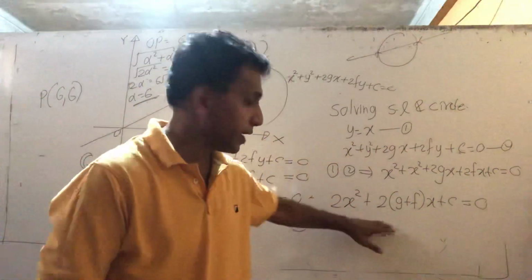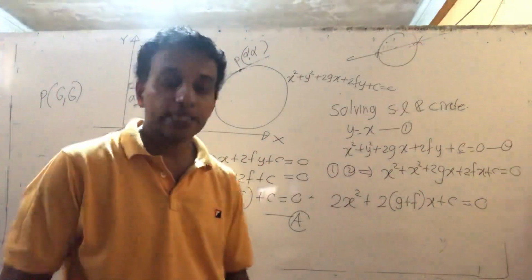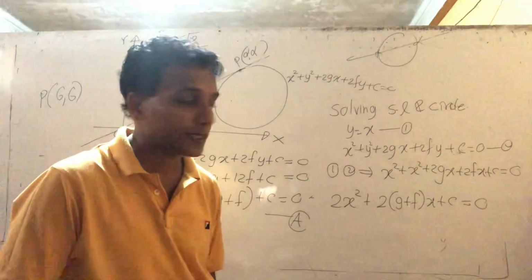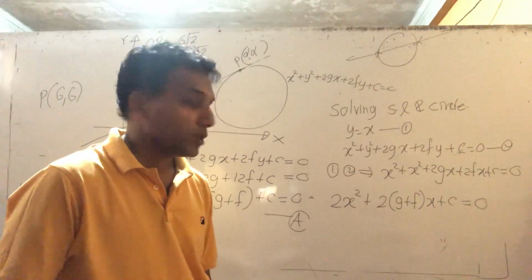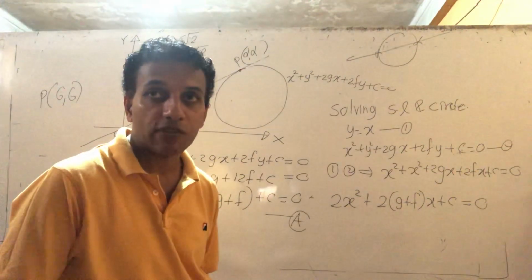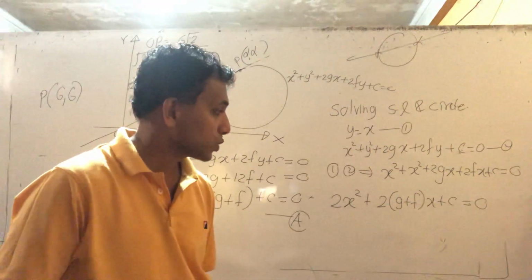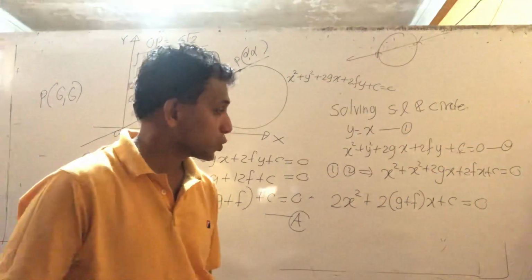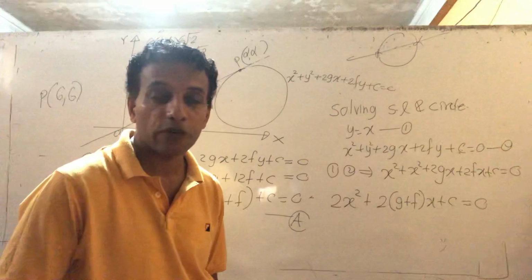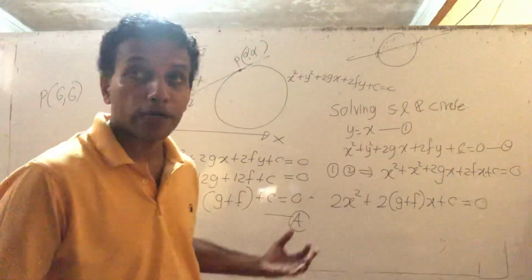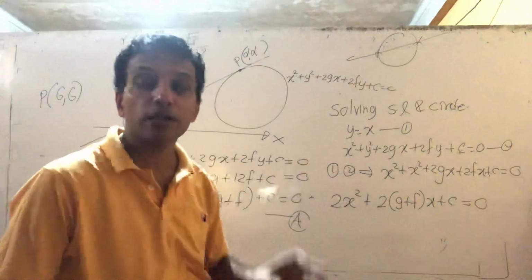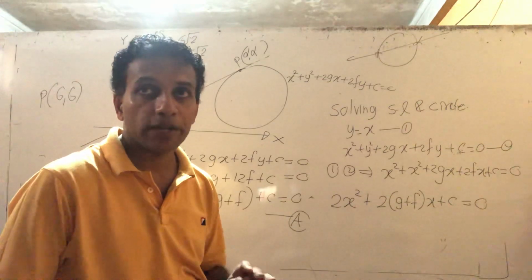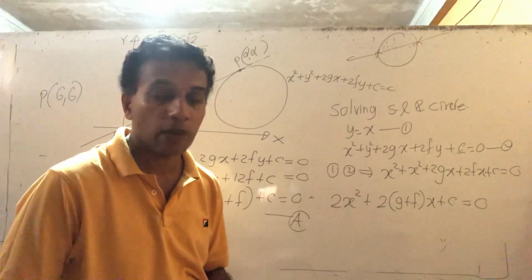So write this below. This is a quadratic equation in x. Therefore x has two different or unequal real numbers. But here the straight line touches the circle.